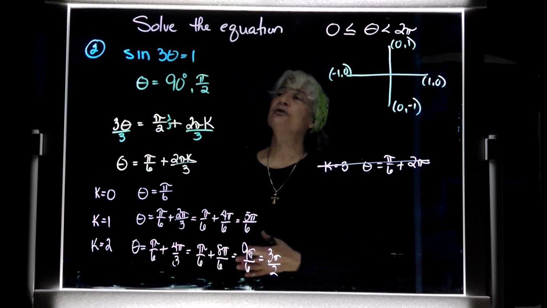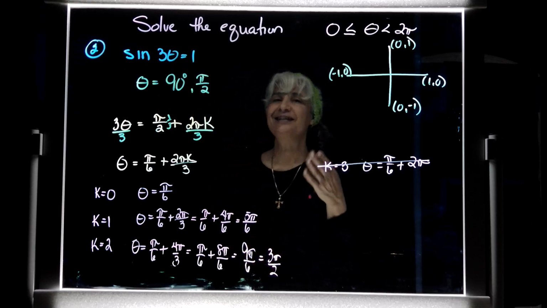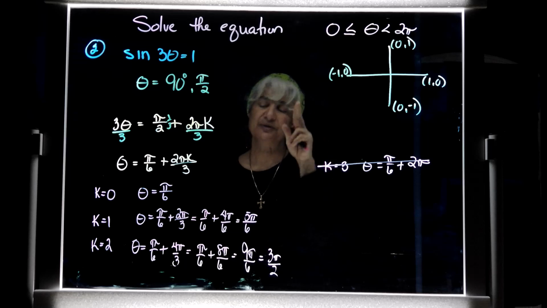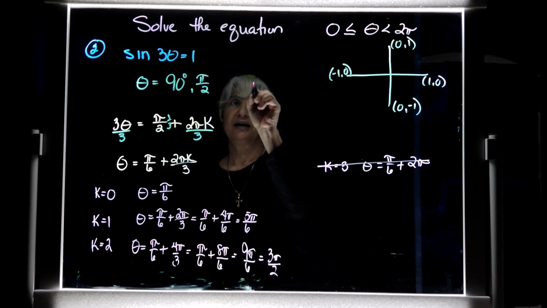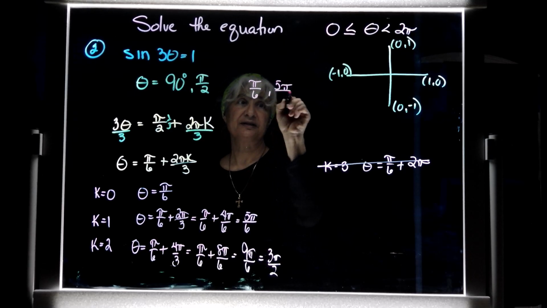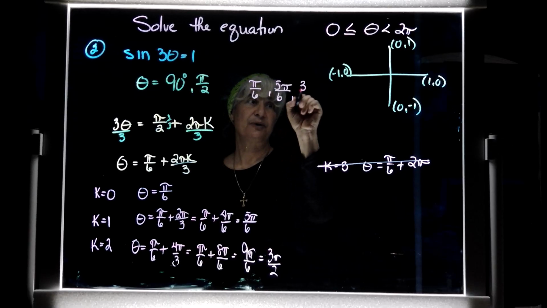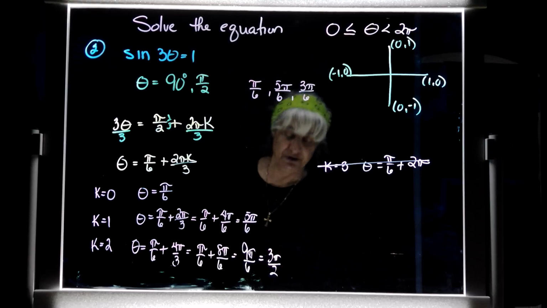So in this particular case, since there was a 3 in front of the theta, that's a hint that I'm going to go 3 times around the circle, which is why I literally have 3 answers here. I have pi over 6, I have 5 pi over 6, and I have 3 pi over 2.